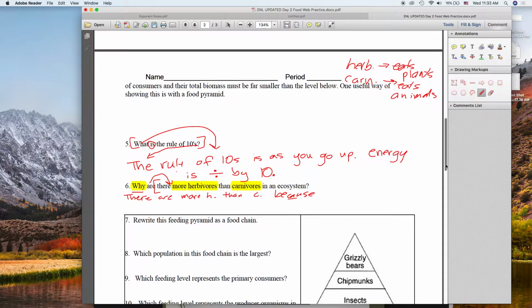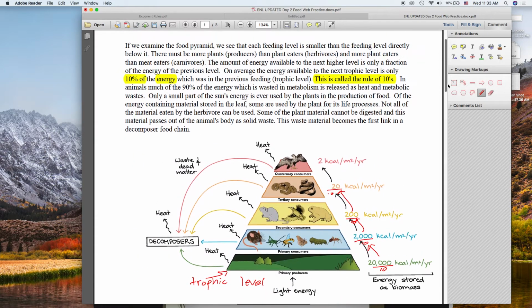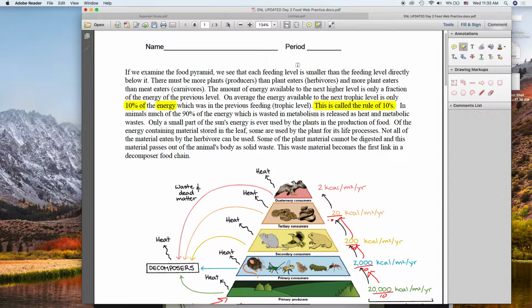So let's look for herbivore, carnivore, and more. Okay, herbivore. Carnivore. There must be more plants than plant eaters, herbivores, and more plant eaters than meat eaters. Why? Because our energy goes down.